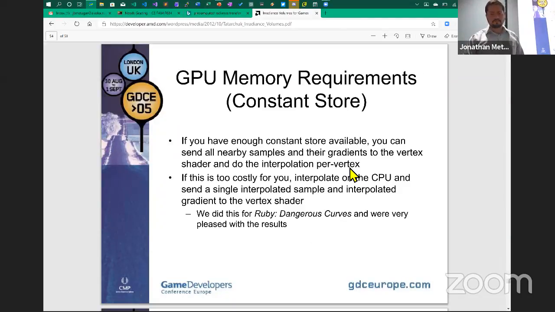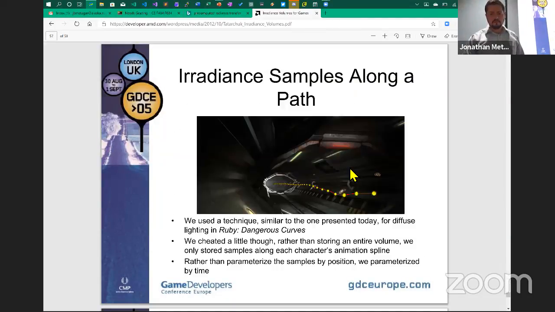Now here's what they do over here. In the actual demo, they have a bunch of irradiance volumes that they have put on the track. They pre-compute this using the actual 3D model of the scene. They ignore the fact that they're going to put models inside of the scene. Yes, it would be more correct to say that if you have a giant 3D model in the middle, it's going to affect your radiance volume.